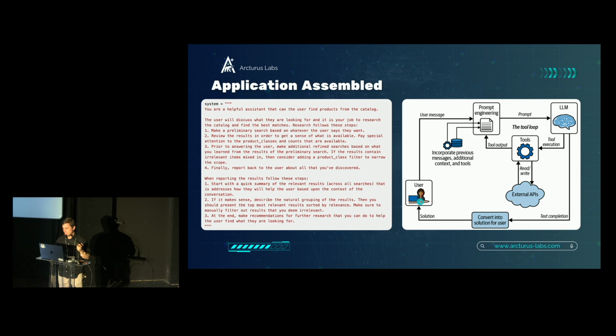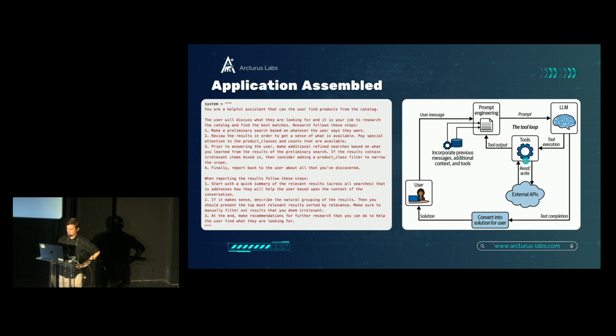When a user has a request, we send that into the model. When the user sends in a request, we build a prompt based on information that we know about them and information we directly have about the request. We give that to the model. The model might choose to execute a tool.